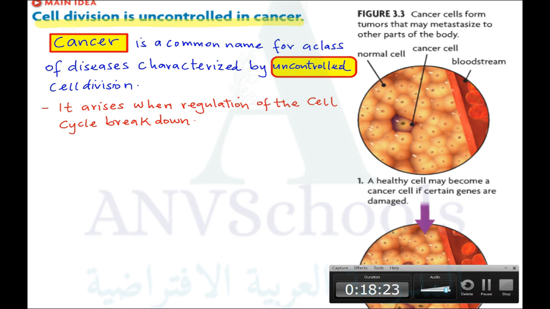Even if some things are lacking, these cells will still divide. Even with the release of chemicals to control cell division, they will still ignore the instructions and continue dividing. As a result, they divide much more than healthy cells.